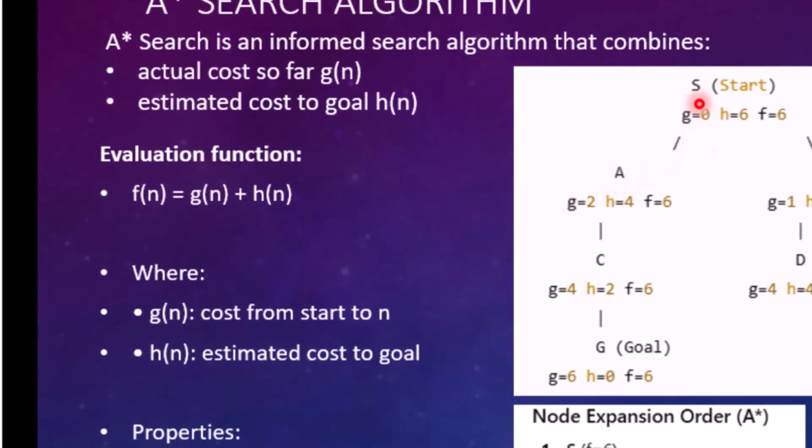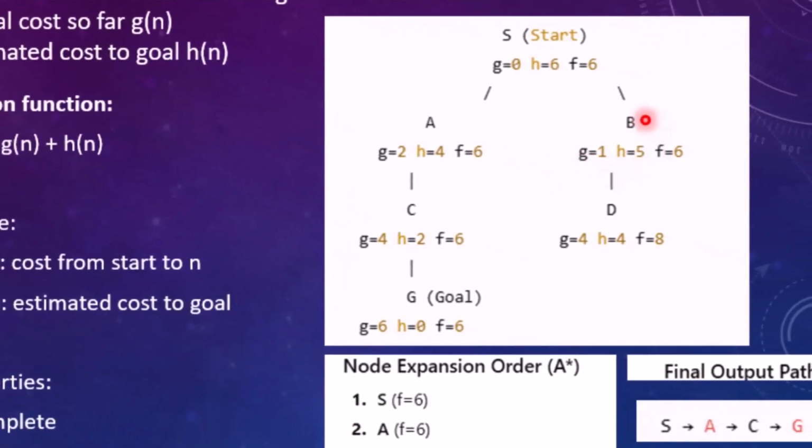So A has covered a distance from the start, which is 2 already. It has covered 2 already, and we are talking about cost. Also the distance between A and the goal G is 4, and the sum is 6. Also for B, the sum is 6. So it will try A, right? 6 is 6.